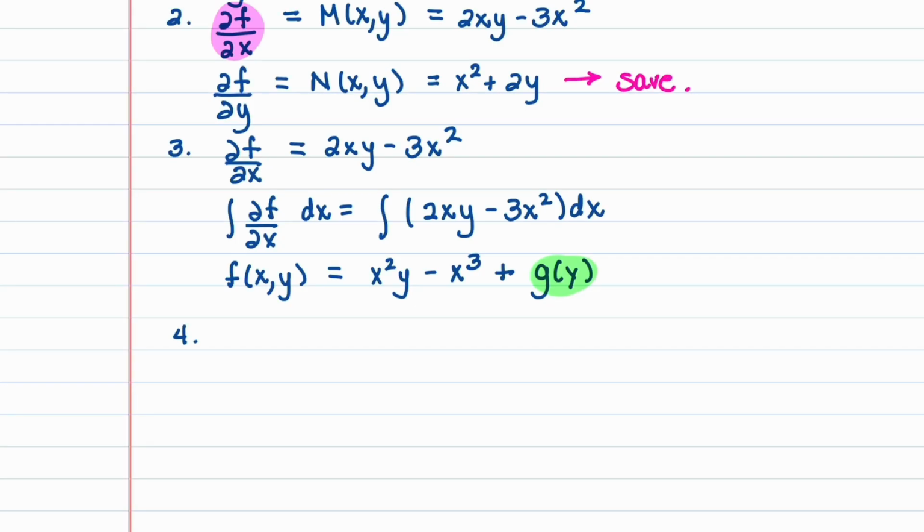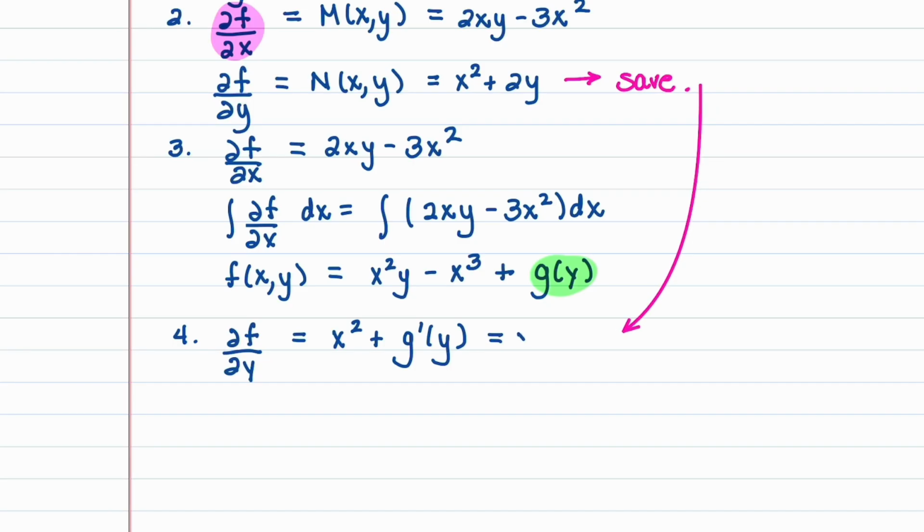In step 4, we're going to take the partial derivative of f with respect to y. This gives us x squared plus g prime of y. Now we're going to go back up to step 2 because step 2 gave us the partial derivative of f with respect to y, and this is x squared plus 2y.